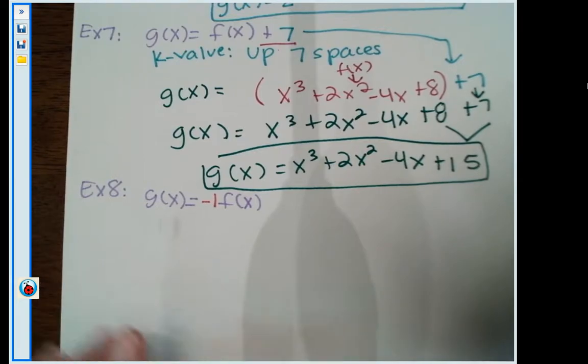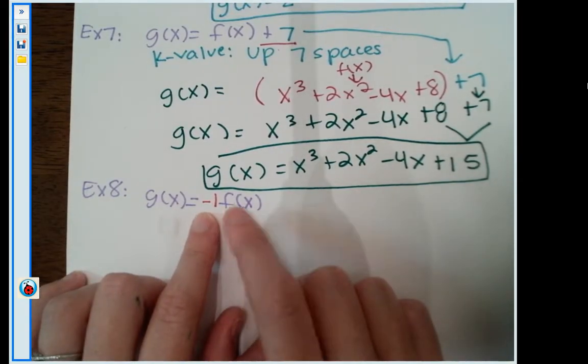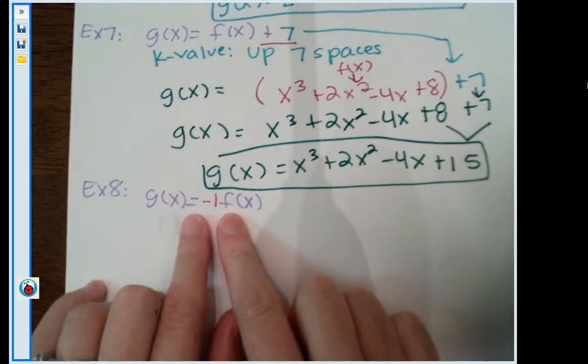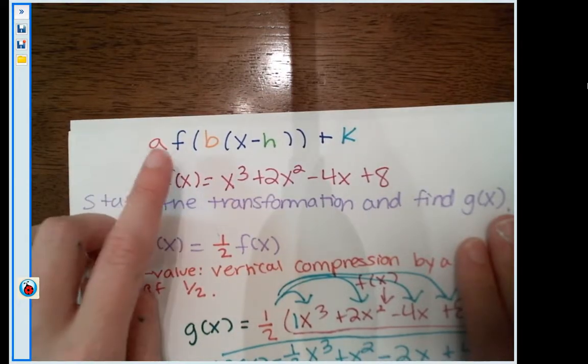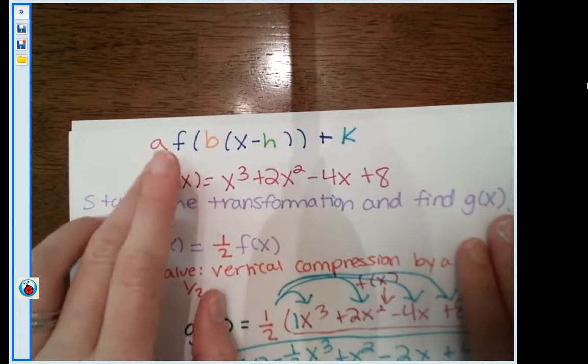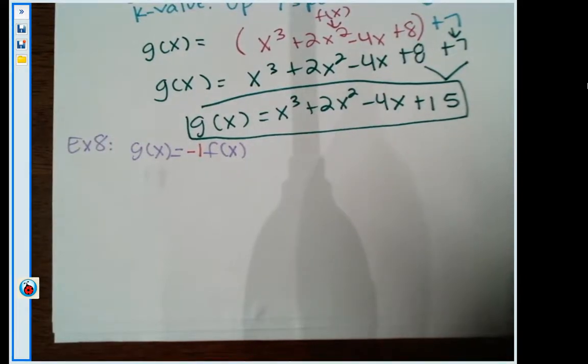So, we have g of x equals -1 times f of x. So, the -1 is in front of the f. The only thing in function notation in front of our f is that bad boy right there, the A. So this is an A value. And remember, you guys, whenever something's negative, if it's an A or a B value, it will reflect over something.